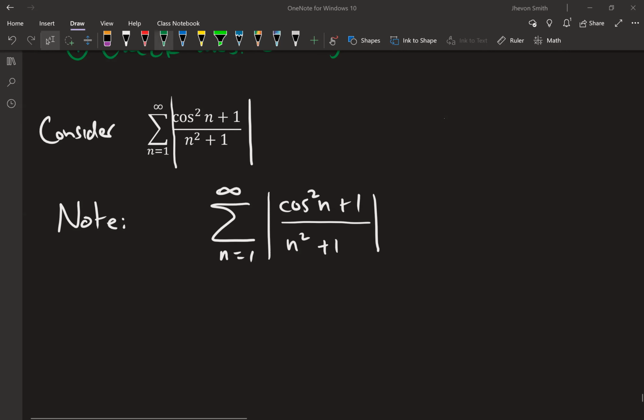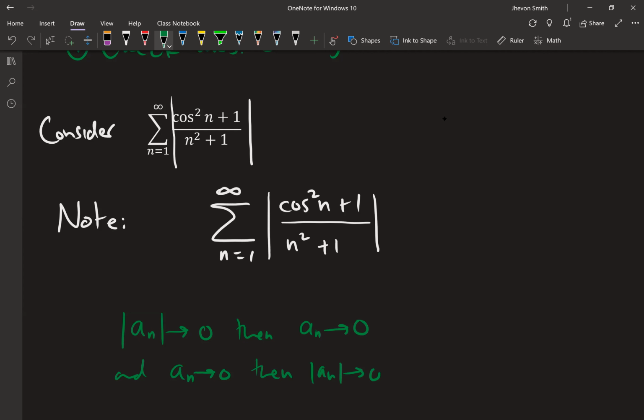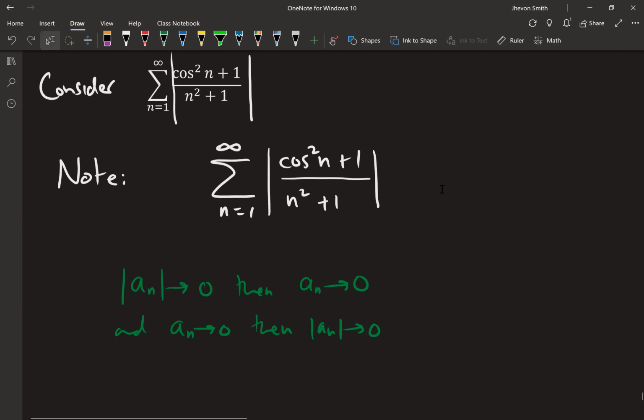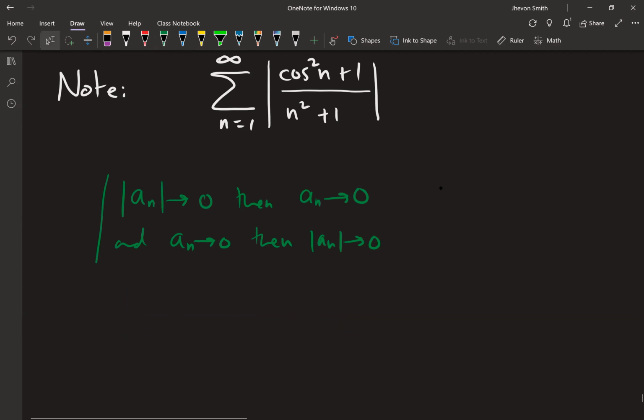If I haven't, that is actually something you should be aware of. If a_n approaches 0, then |a_n| will approach 0. And it goes the other way around. So you wouldn't do a test for divergence again, right? We already did the test for divergence. It's only necessary to do it once.